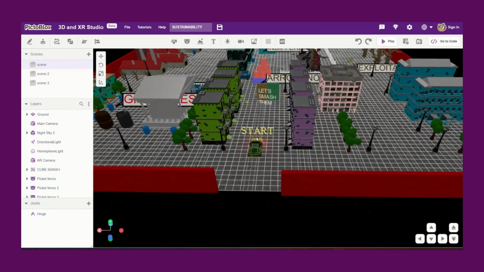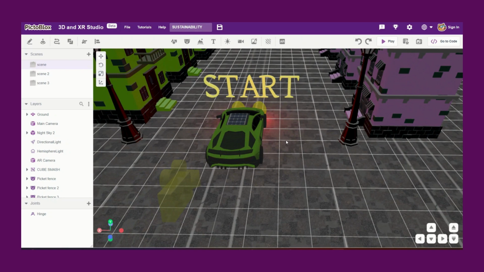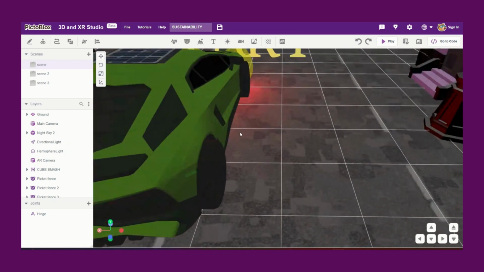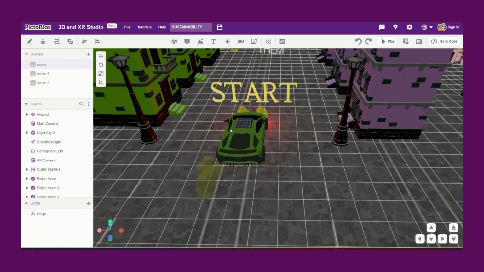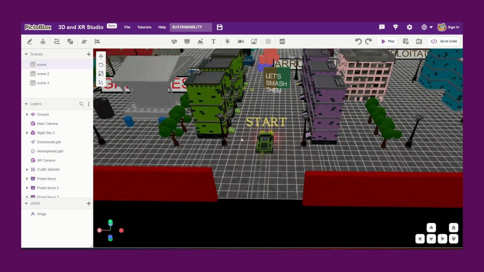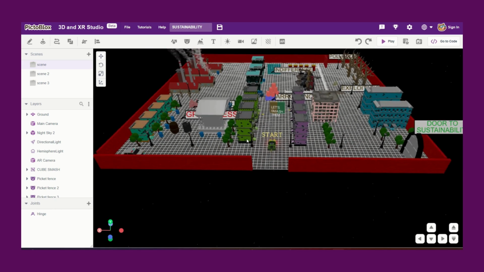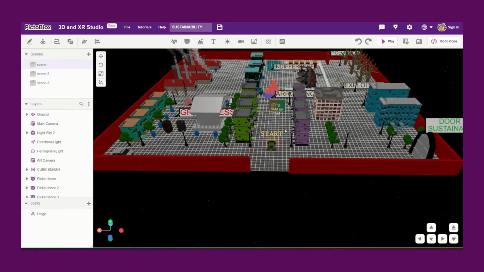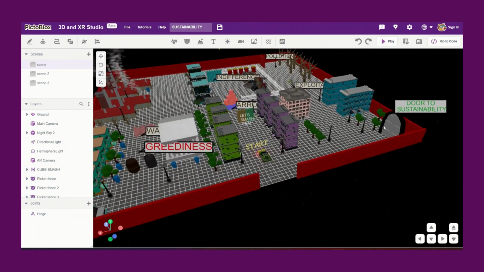And if you see this car, the car is green in color, depicting that it is an electric vehicle, and it also has a solar panel fitted on the top, showing again that it is using only a renewable source of energy. It is not using a non-renewable source of energy. And at the end of the environment, you can find a door which is written as Door to Sustainability.